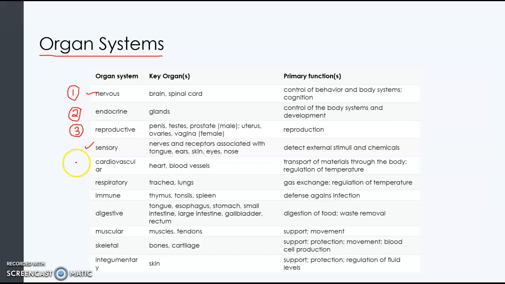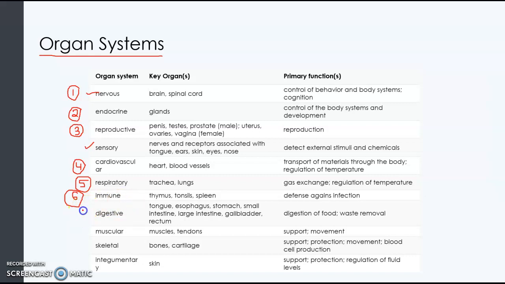The cardiovascular system would be number 4, since the sensory goes with the nervous system. And that is the heart and the blood vessels. The respiratory system is the lungs and the airways, like the trachea, the bronchi, and the bronchioles. The immune system, sometimes referred to as the lymphatic system, has some organs like the thymus, the tonsils, the spleen, as well as lymph nodes.